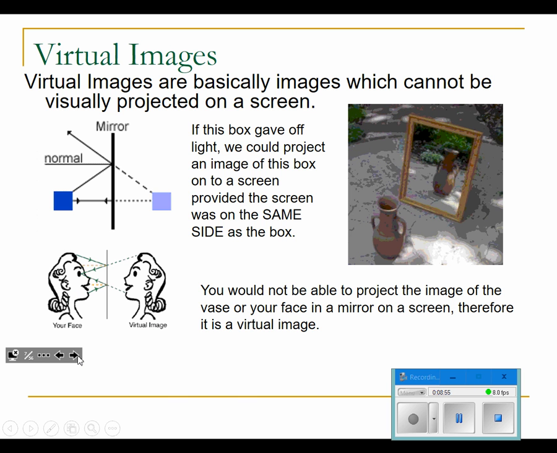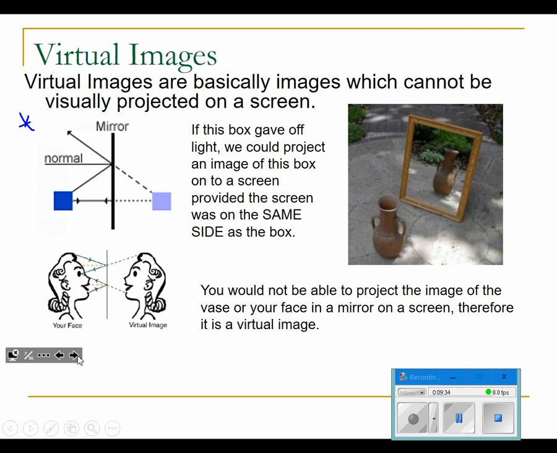So virtual images, what are they? A virtual image is basically an image which can't be projected. That's going to be a main thing to understand. The reason it can't be projected is because the light rays don't actually come together on the opposite side where that image is formed. If this box on the left side of my screen were an object, we could project an image of it onto a screen, provided the screen was on the same side as the box, but we can't get a screen on that side, so that won't work.